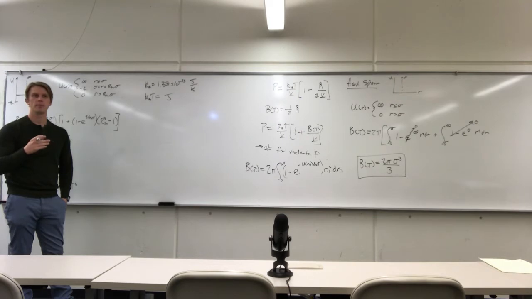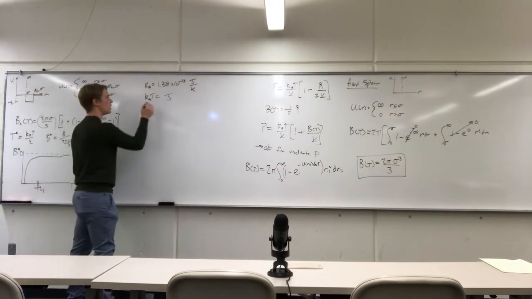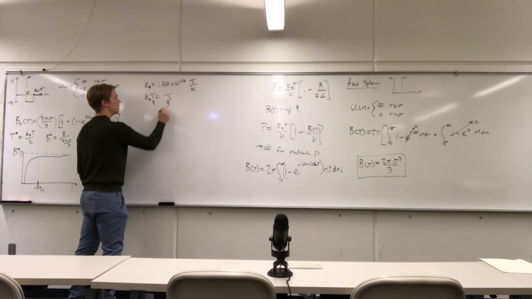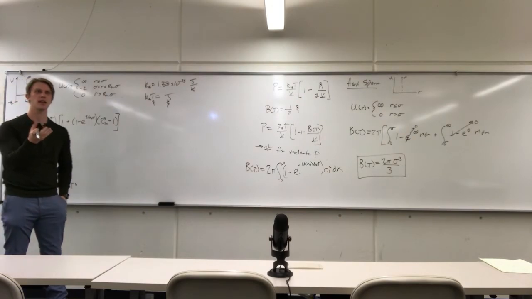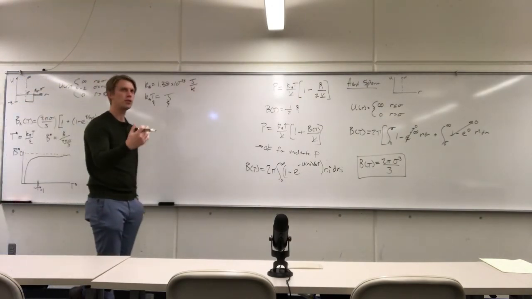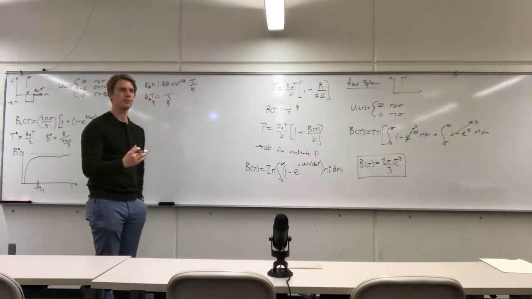Is that like the thermal energy of a single particle? Yes, it is the proportionality constant between temperature and the kinetic energy of a gas. Right? So it's a constant basically saying how we relate temperature to the kinetic energy.